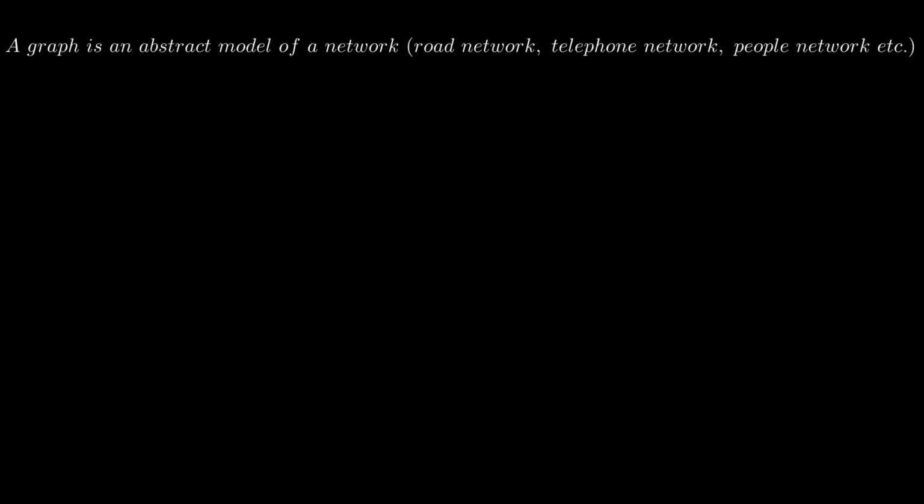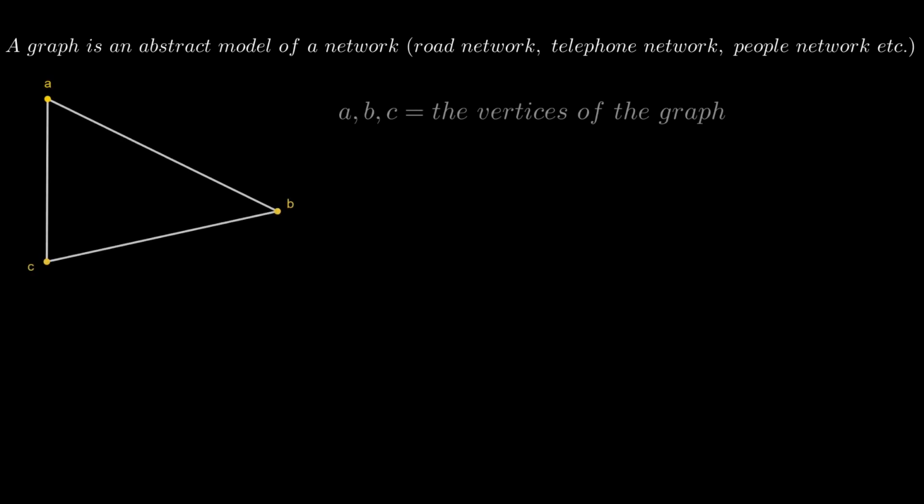So now let's give the strict mathematical definition of a graph. Let's first look at a simple graph. Points A, B, and C are called the vertices of a graph. The lines between these points are called the edges of the graph. So the vertices of a graph are the objects being studied, whether a person, a town, etc. And the edges are the connections between the vertices, the relationships.